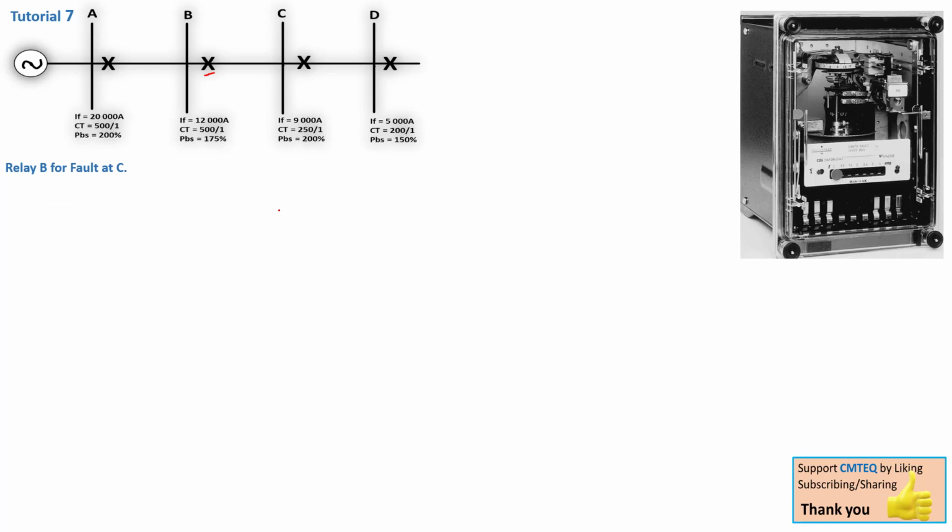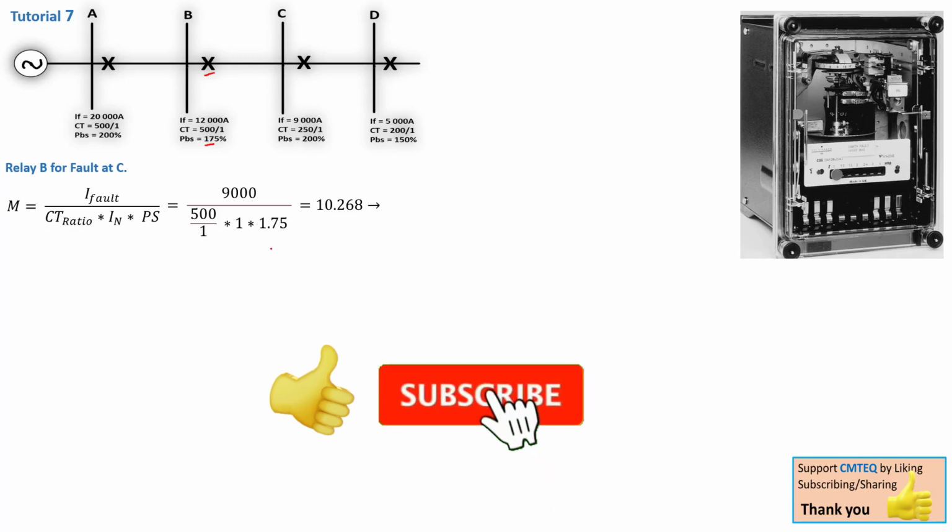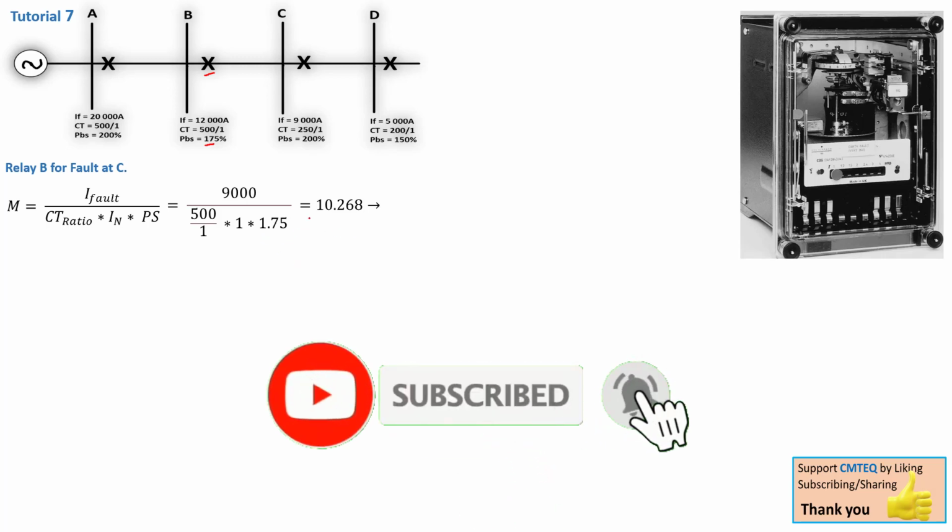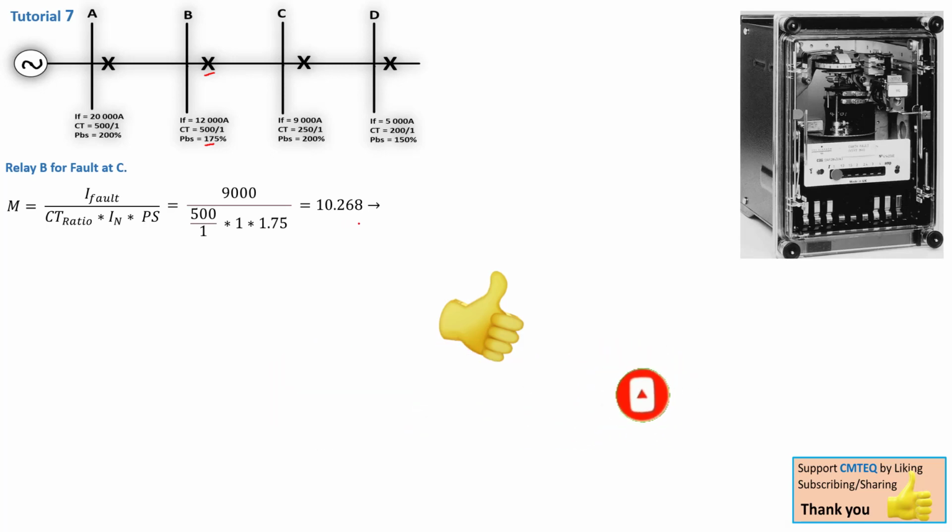We're going to once again repeat the same process with a multiple of settings. So that's going to be 9,000 divided by 501, because relay B has a ratio of 500 over 1, and it has a plug setting of 175%. So that gives us a multiple of settings current M of 10.268.